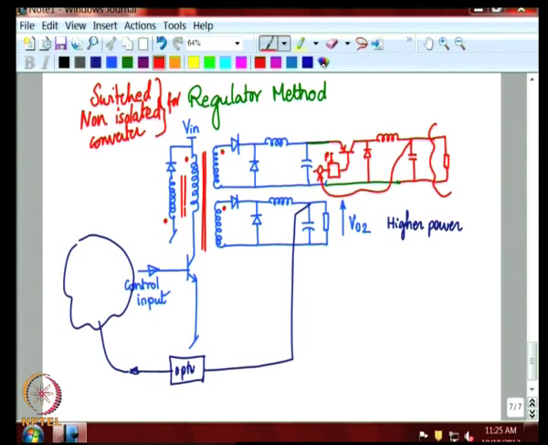The first method was the linear regulator, where this portion was replaced with a linear regulator. That gives you a regulated output.